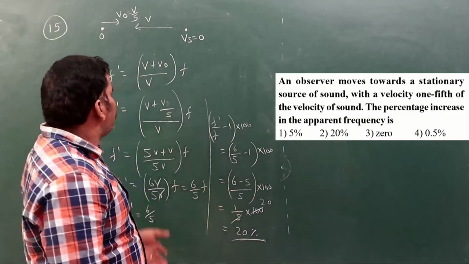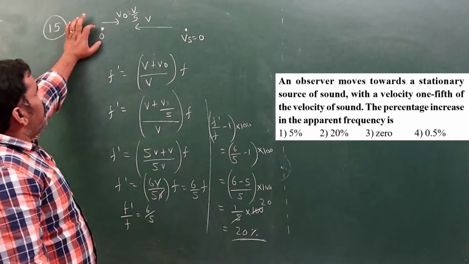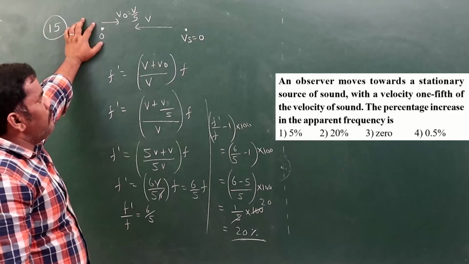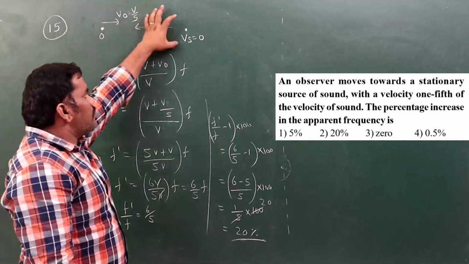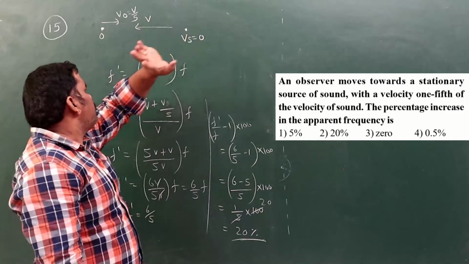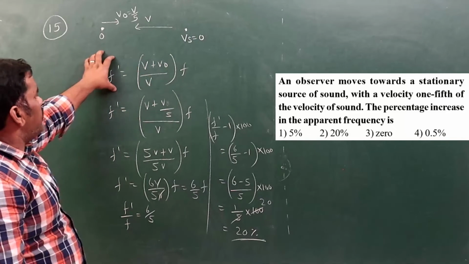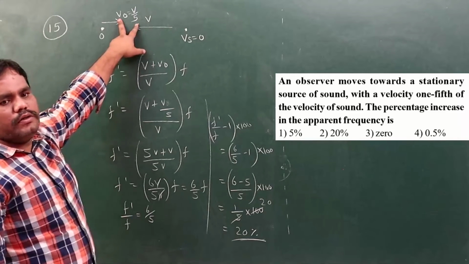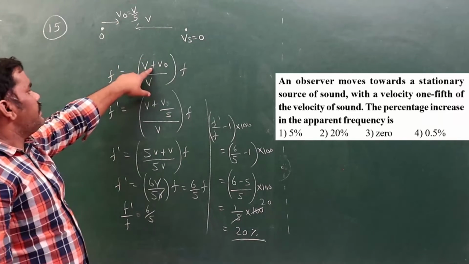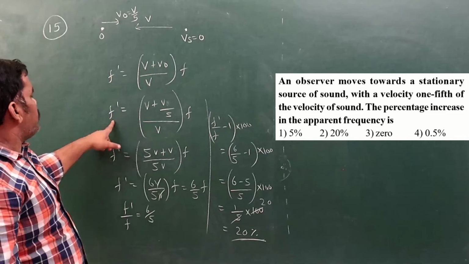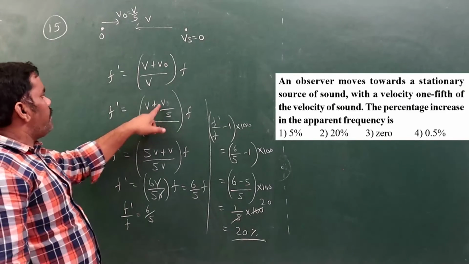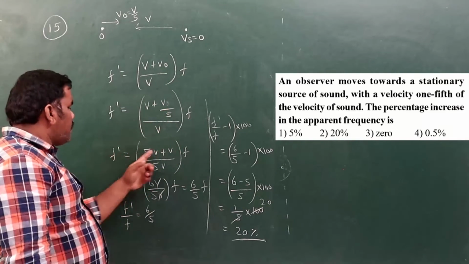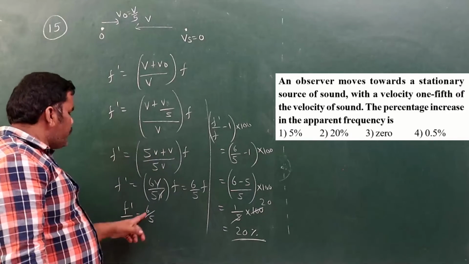See it. Here the observer is moving with velocity 1/5 of the velocity of sound towards the source, but the source is at rest. So apparent frequency f dash is equal to (V plus V naught) by V into F, because both are in opposite directions, taken as positive. Substituting, f dash is equal to (V plus V by 5) by V into F. Doing the calculation, f dash by F is equal to 6 by 5.